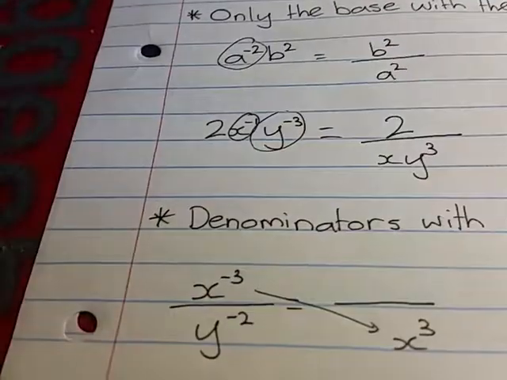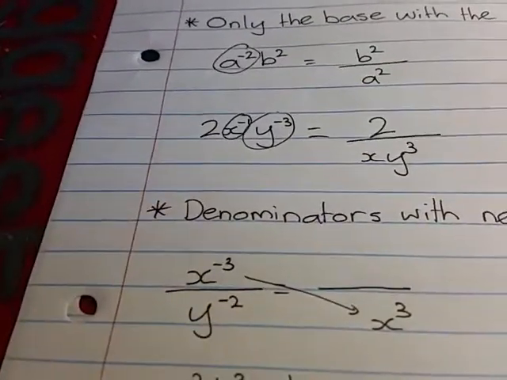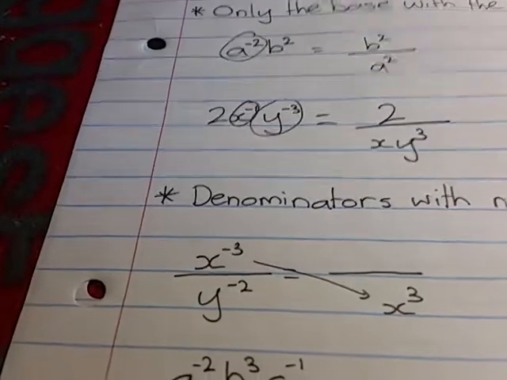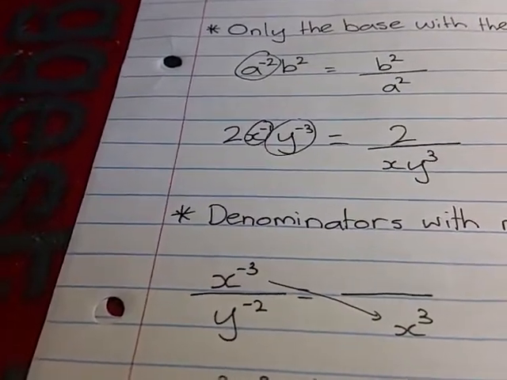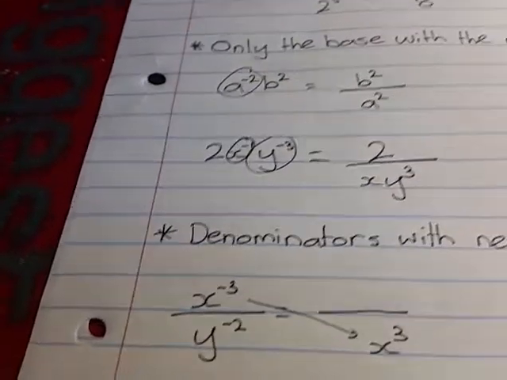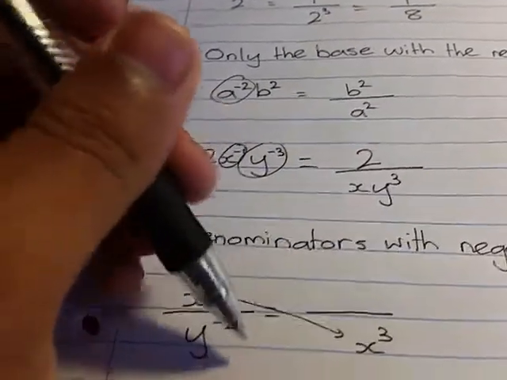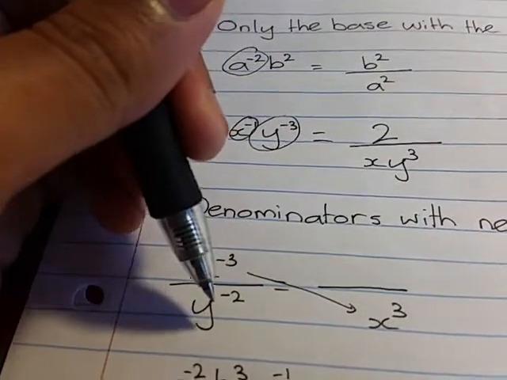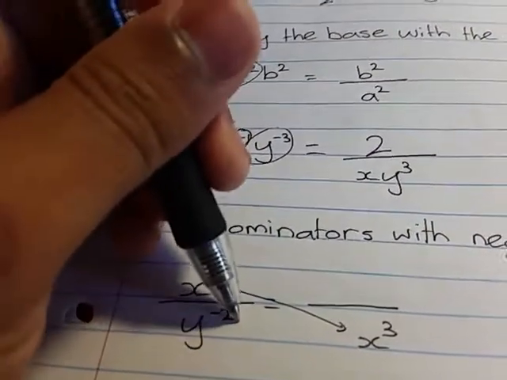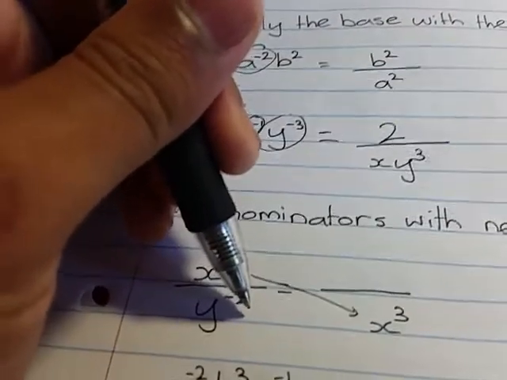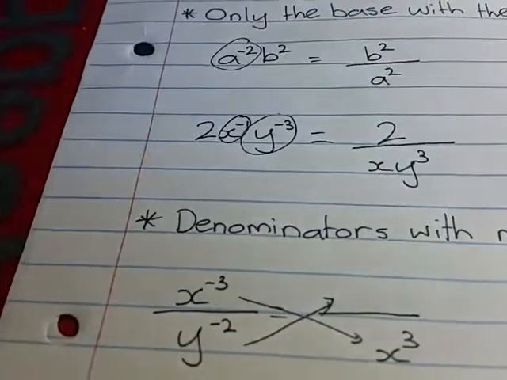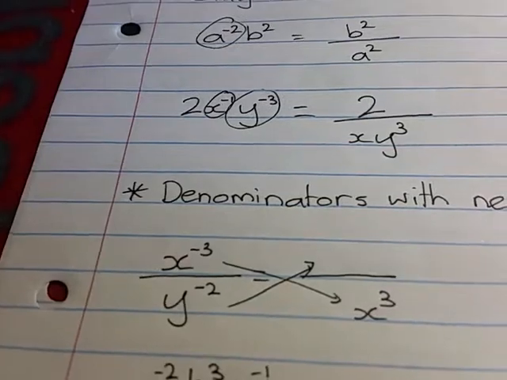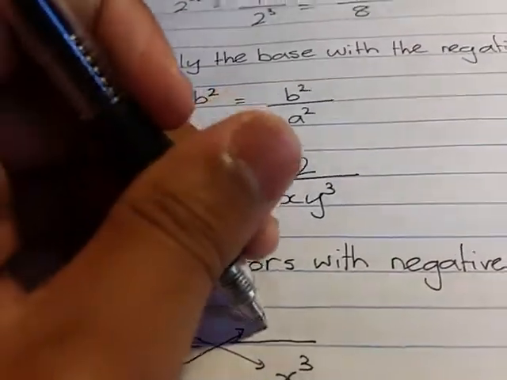So you are already aware that when you have a numerator with a negative exponent, it drops down and becomes a denominator with a positive exponent. But when you have a denominator with a negative exponent, it can't drop down, but it goes up. It switches places and becomes a numerator with a positive exponent.